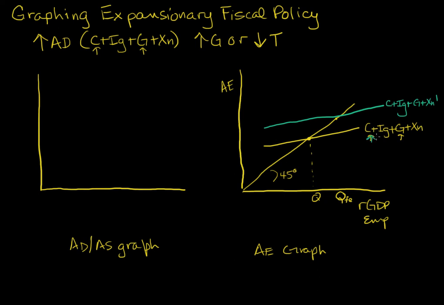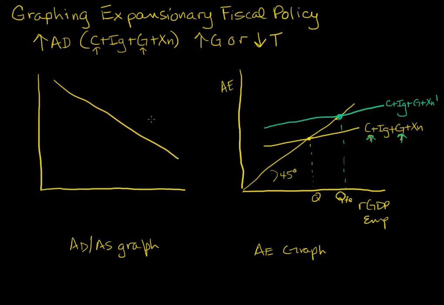But again, we are increasing consumption, increasing government spending, and we reach our desired target. So that's what you would use an aggregate expenditures graph for, to show the impact that fiscal policy will have on those components. Let me go back to yellow here for a second.